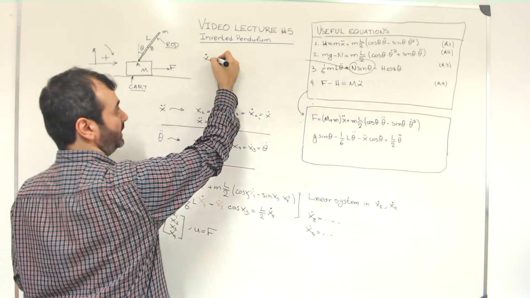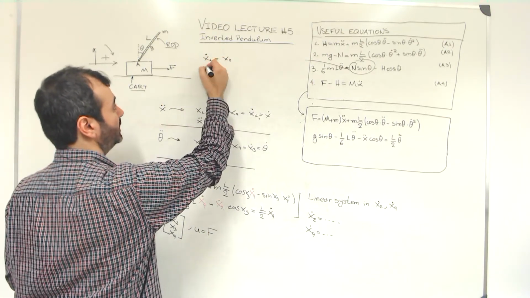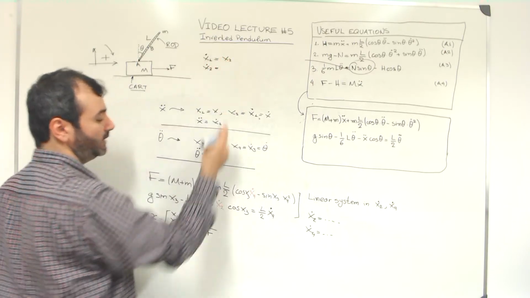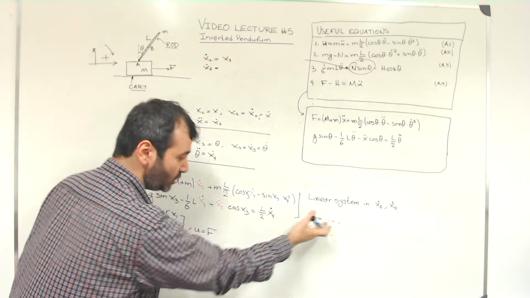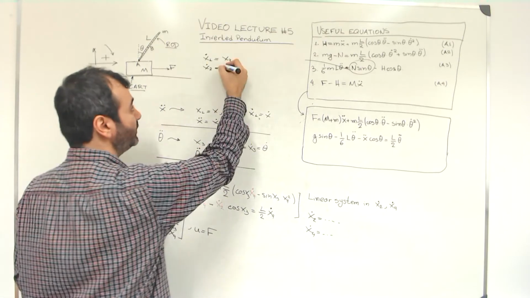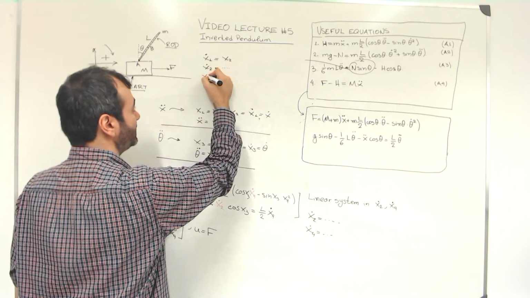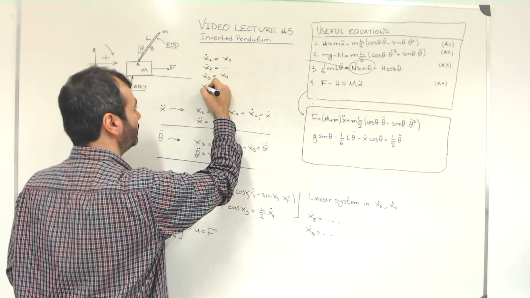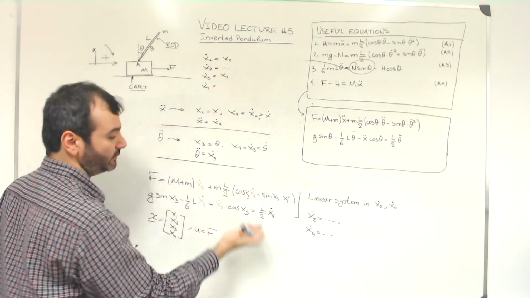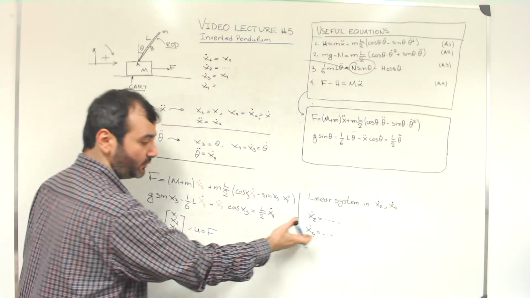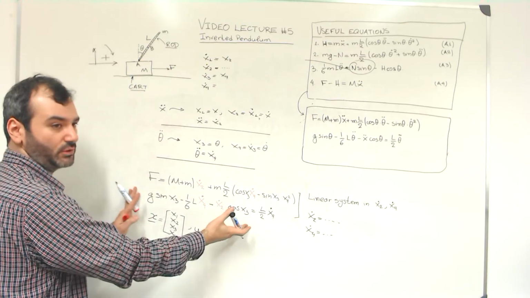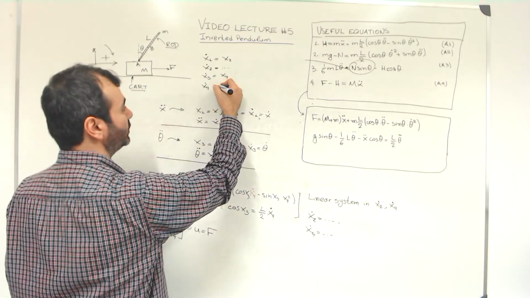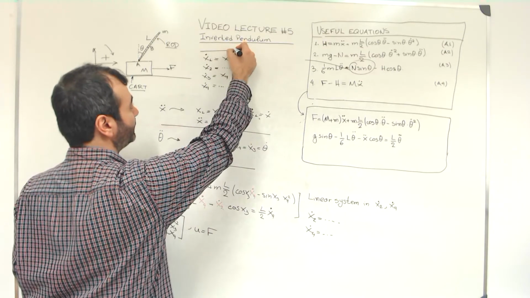But at least what you will end up with will be the following, which is the desired result: x1 dot is equal to x2, x2 dot is the solution from that linear system, whatever it is, x3 dot is equal to x4, and x4 dot is equal to the solution x4 dot from that linear system, which you will do as homework.